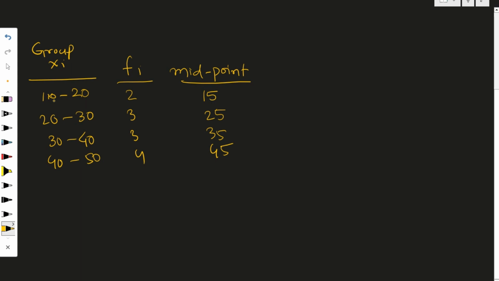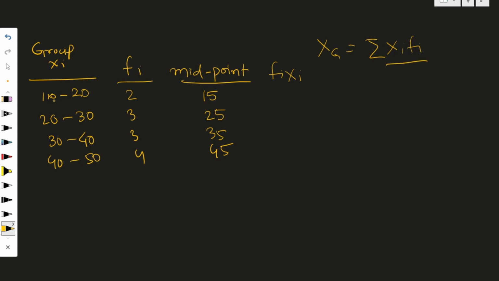Now we have to calculate fi into xi. The formula for group mean is the sum of xi into fi divided by the sum of the frequencies.